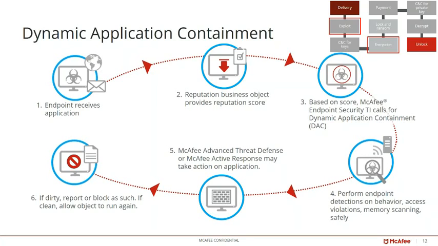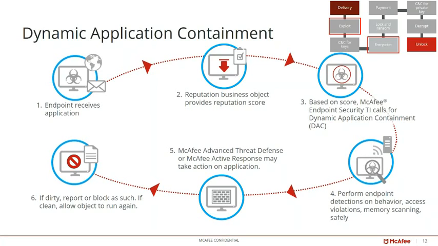And the answer is that we don't want even a single file to get encrypted. We don't want a single file to get deleted. And that's why, in addition to the two new detection engines, we've also delivered something that we call dynamic application containment.